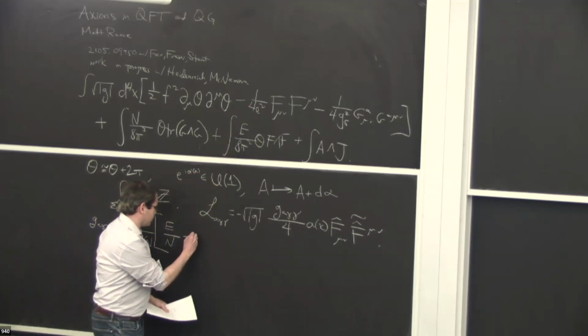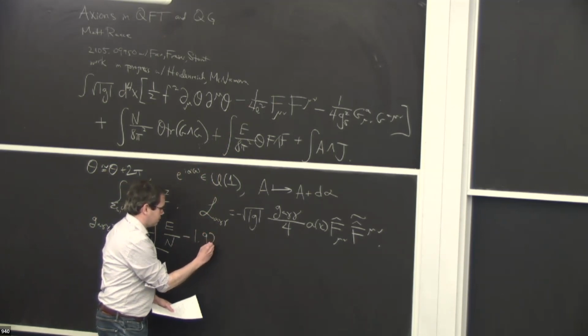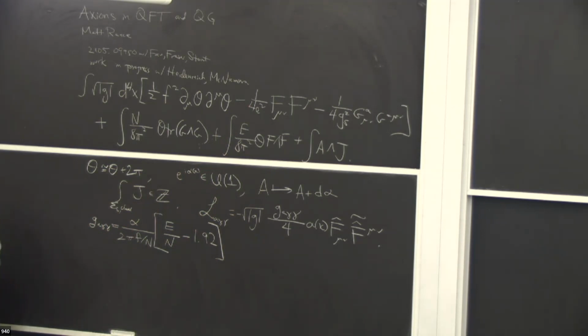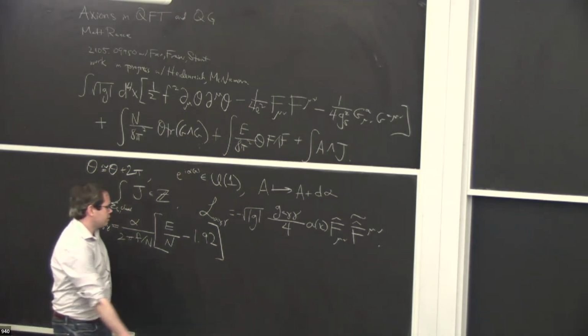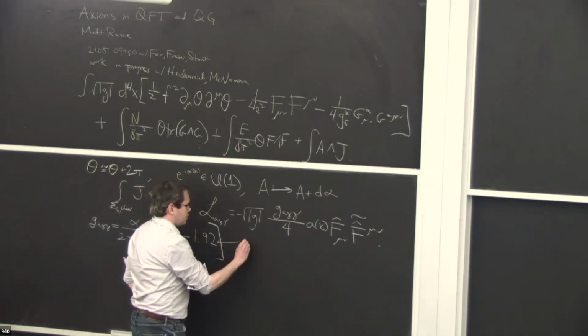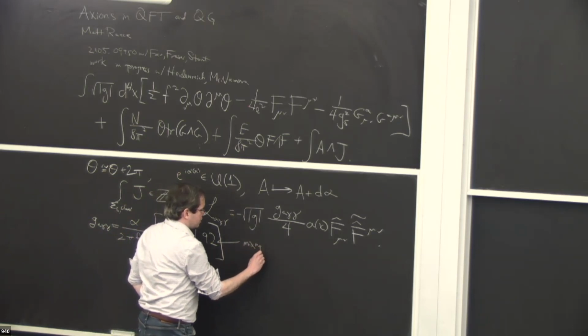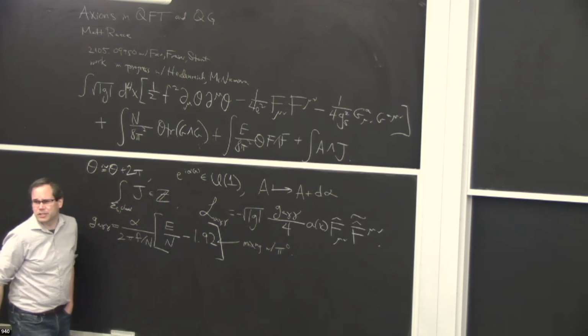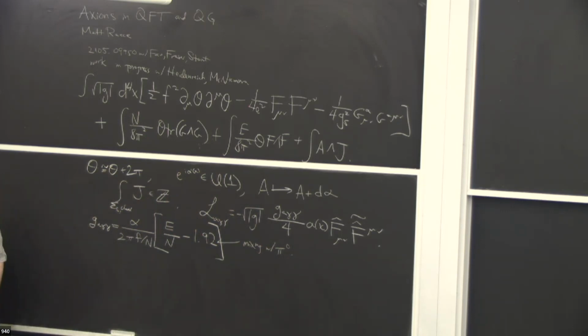And then there's another piece, which is about 1.92. This piece comes from mixing with the pi 0. It is not quantized in any particular way. It's just some number. It depends on the up and down quark masses.